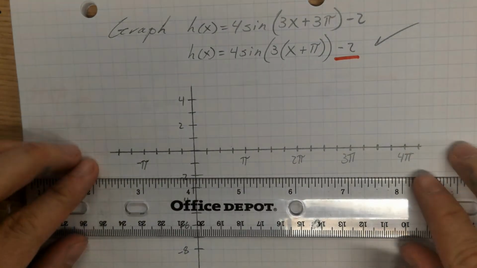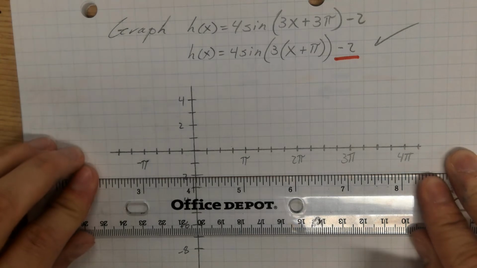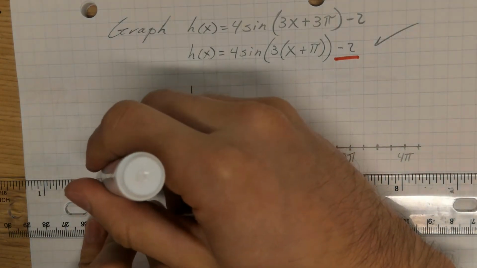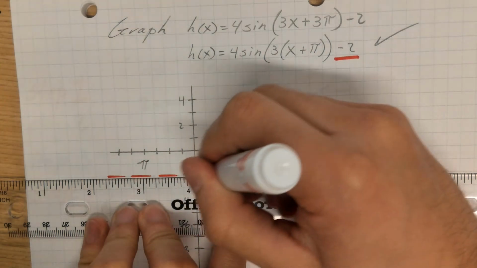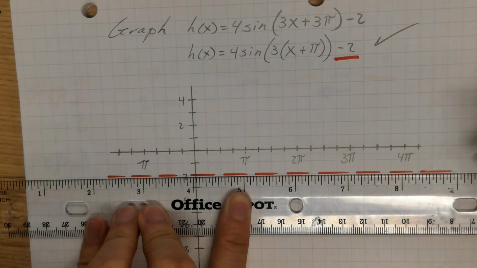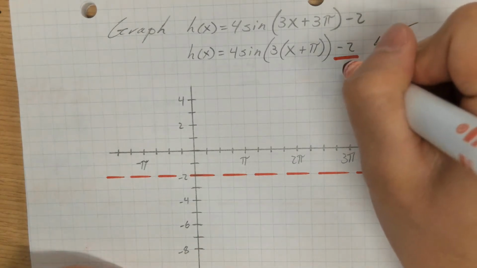So that means that at minus 2, that's where my midline is going to be located. So right here, this is my midline at minus 2. That is step 1.